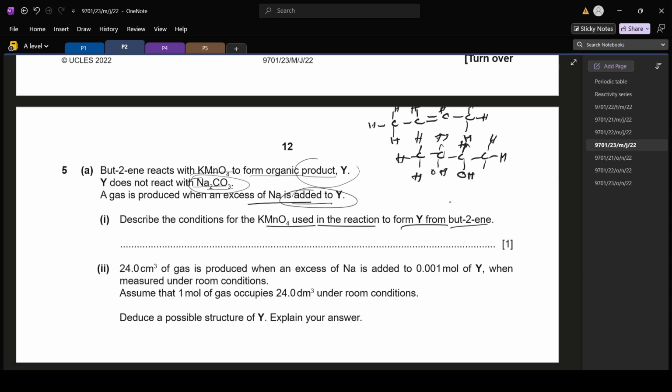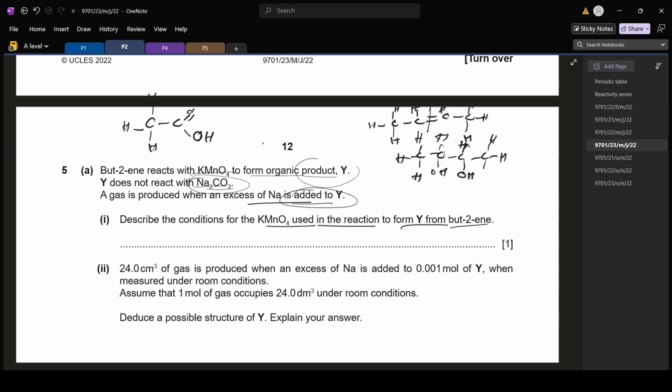These OH groups are both attached to it. This will form when cold KMnO4 is used. And when hot KMnO4 is used, the carbon double bond is broken, and this will form a carboxylic acid group like this. The double bond will be broken and carboxylic acid will form.